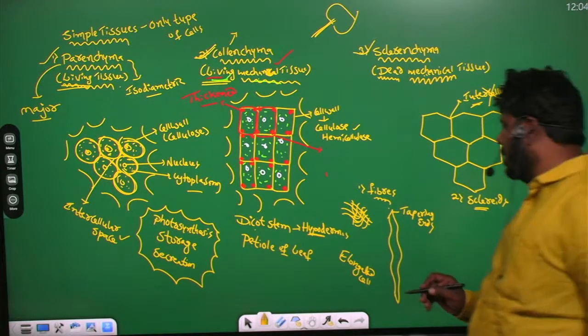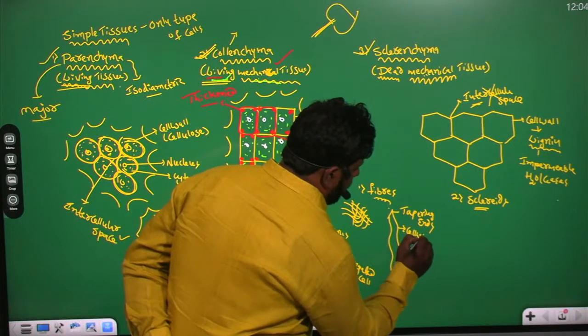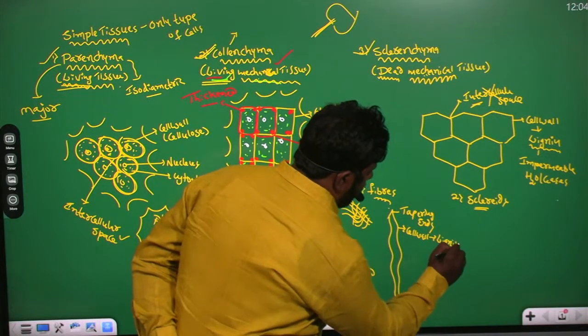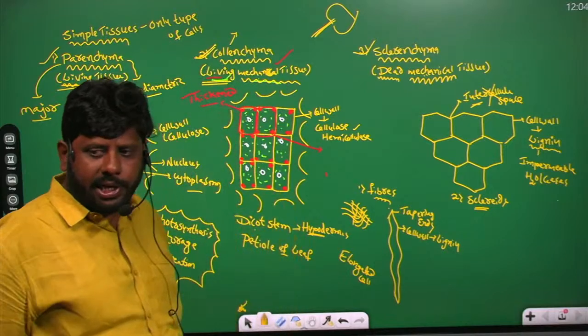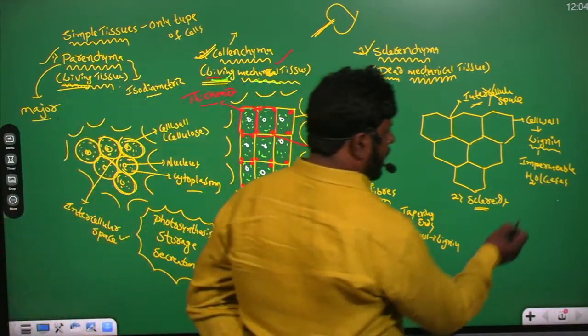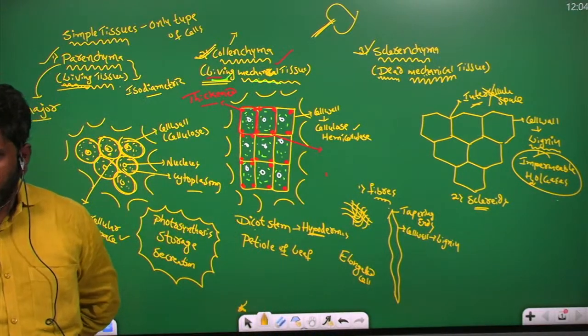And every fiber is surrounded by what? Cell wall. The cell wall is made up of what? Lignin. What is the function of lignin? It makes the cell impermeable to water and gases.